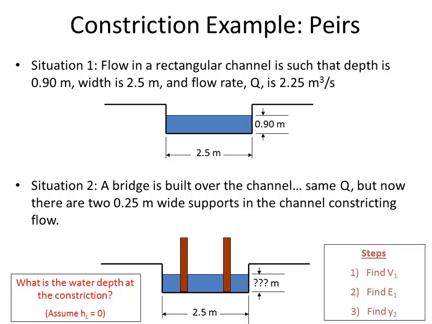And it becomes easy to find E1 now. E1 is just going to be the depth, which is 0.9 meters, plus velocity head, 1 meter per second squared divided by 2 times 9.81 meters per second squared. So the energy at 1 is 0.951 meters. That's the specific energy at 1.